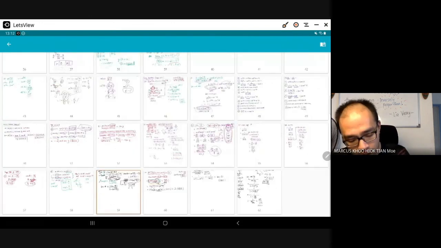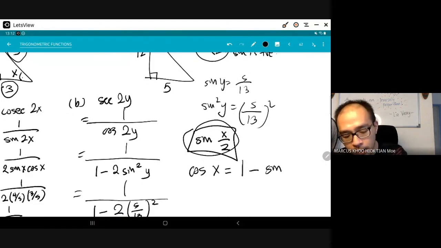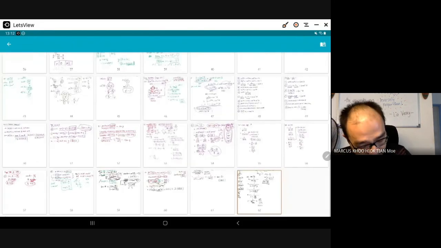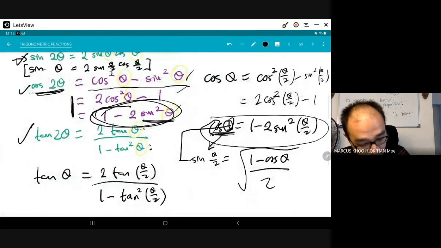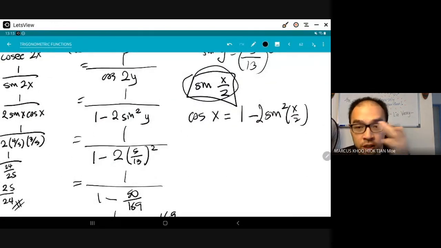So we want this. We have cos x equals 1 minus 2 sine squared x over 2. I think this is an easier way because you have cos x.